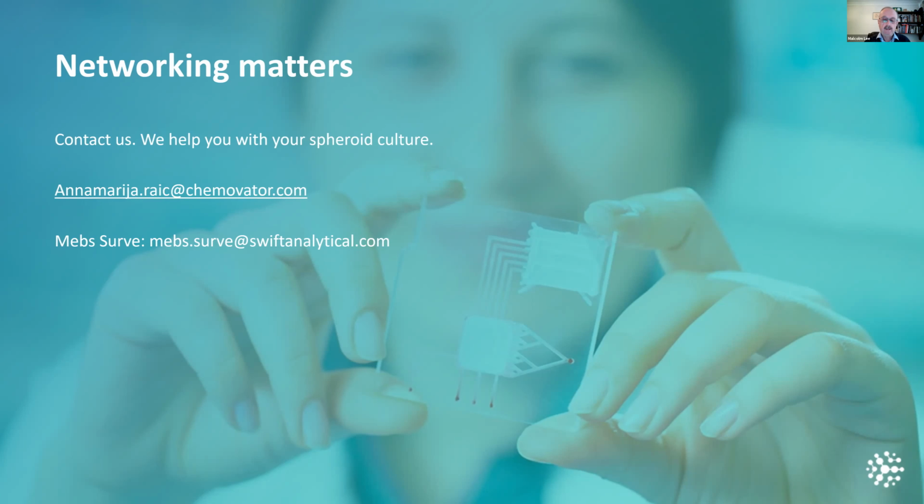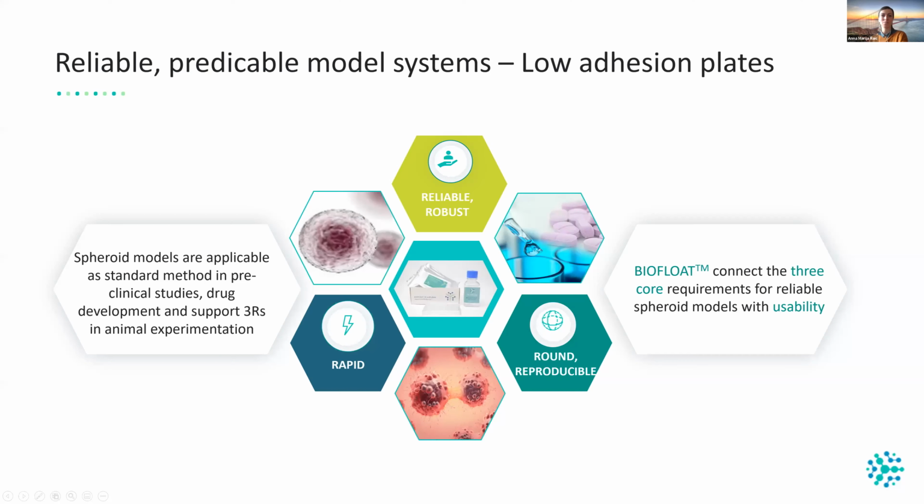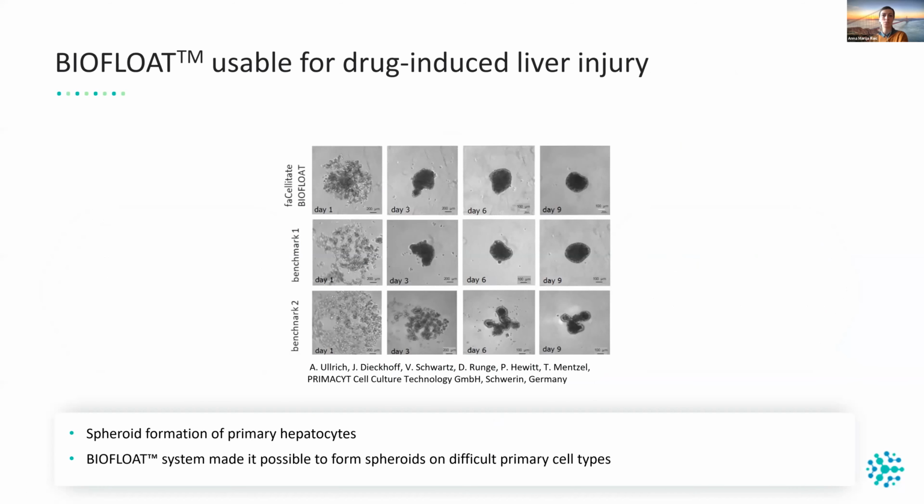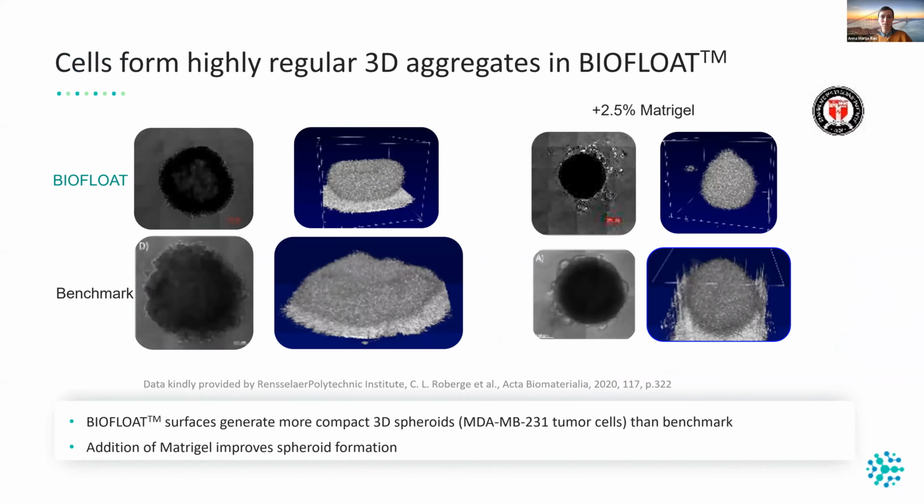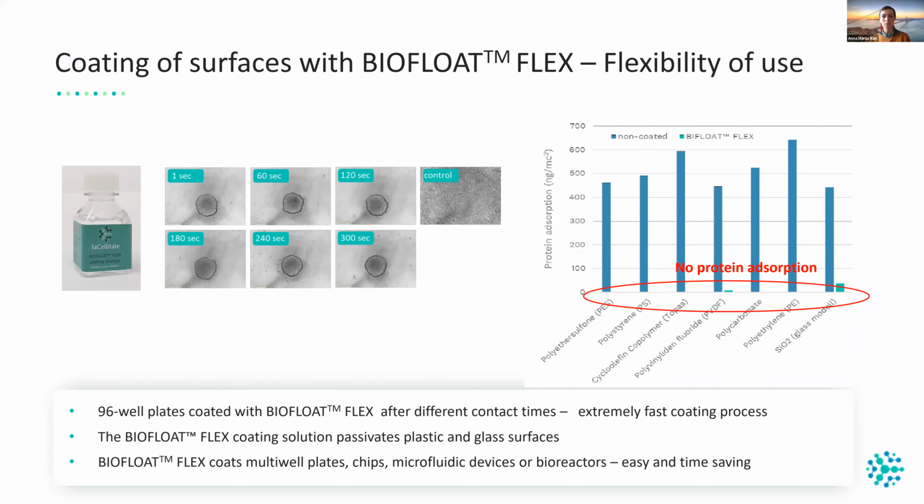Can the Flex be used to coat other materials, such as organ on a chip? Yes. Let me show you one slide here. You can coat different surfaces, so chips which are made from polystyrene or Topas or PVDF. It's not a problem.